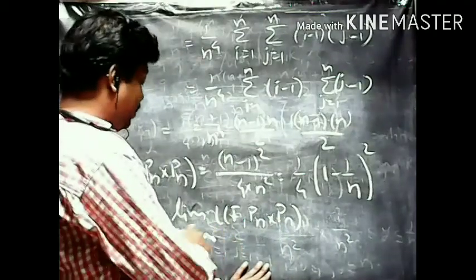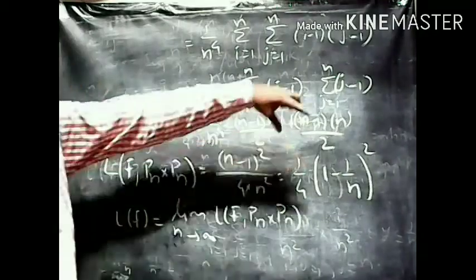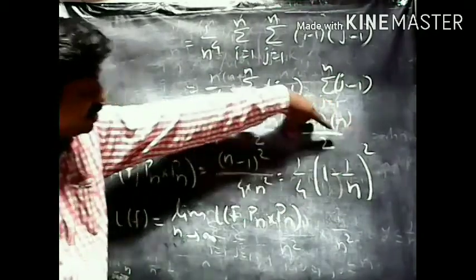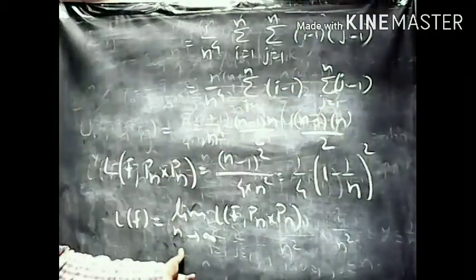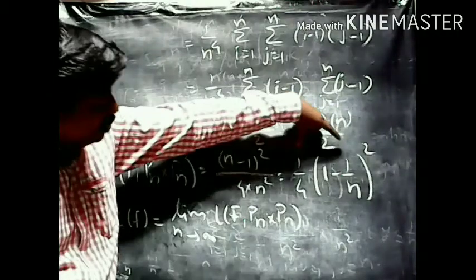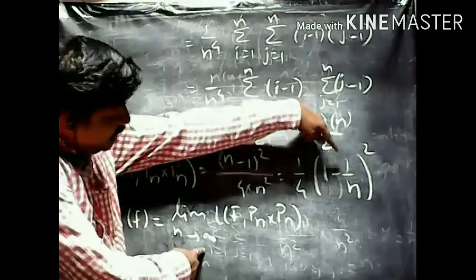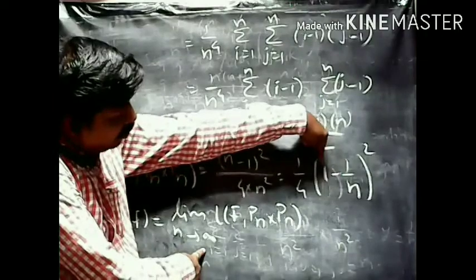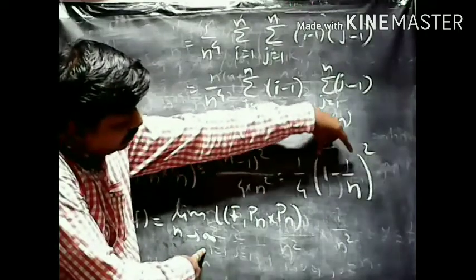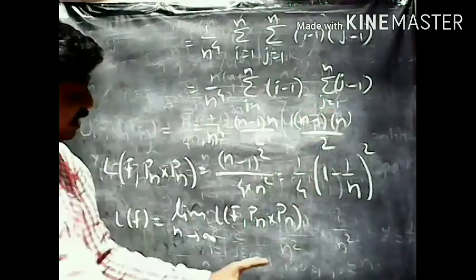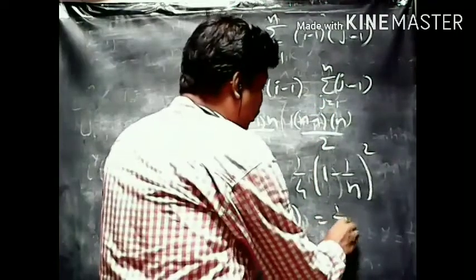So you can check the limit of this quantity, 1 by 4 into bracket 1 minus 1 by n raised to 2, as n tends to infinity. You can observe easily, as n tends to infinity, 1 by n will go to 0. 1 minus 1 by n will go to 1. Its square will go to 1. 1 by 4 into that will go to 1 by 4. So this limit is 1 by 4.